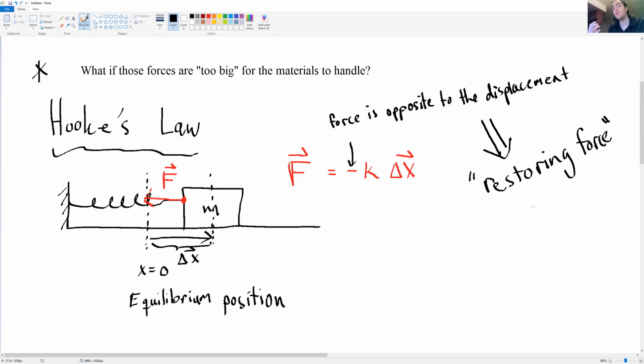So it's going to continue to move. It's going to compress the spring. And as it compresses the spring, the force on that mass due to the spring is going to change direction, because the displacement will start to go this way as it moves to the left, compressing the spring.